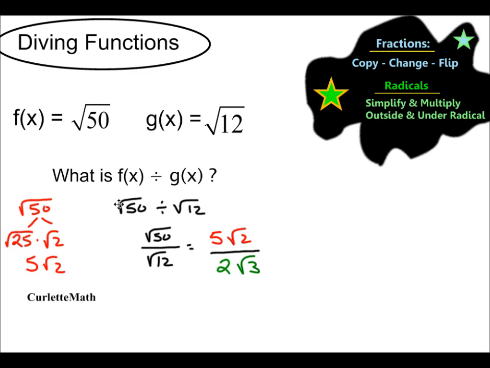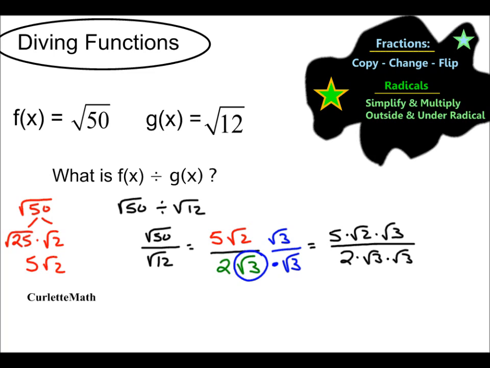Well, we can't leave a square root in the denominator, so we need to multiply the denominator and the numerator by the square root of 3 so that we can get rid of our square root in the denominator. When we do that, we're going to have 5 times the square root of 2 times the square root of 3 in the numerator, and 2 times the square root of 3 times the square root of 3 in the denominator.